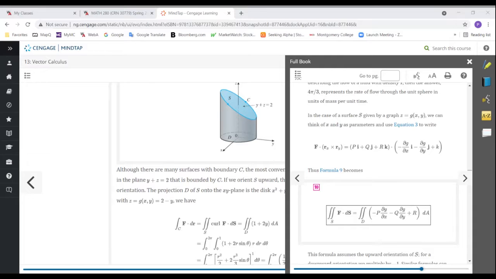Well, Ryan, if we're going to use Stokes' theorem, we have to use the curl of the vector field.